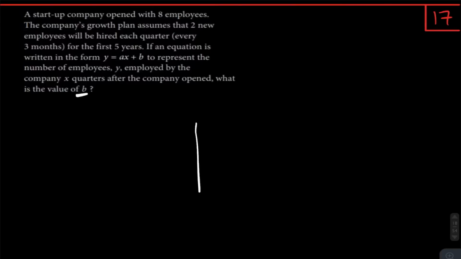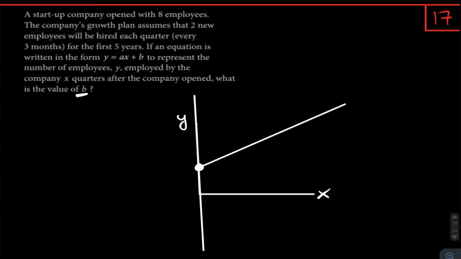So what I mean is this. You have your y, you have your x, and you have some line. Actually, I'll draw this up here. Your initial amount of employees is what you're at when you have 0 quarters, and that's 0 on the x. So that means you haven't gone this way at all.